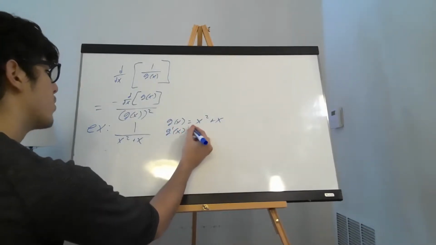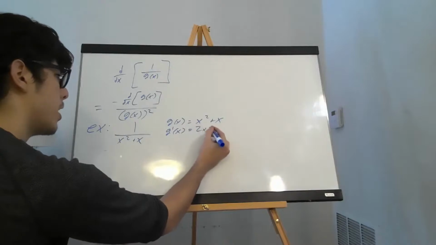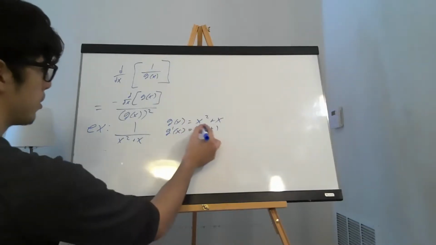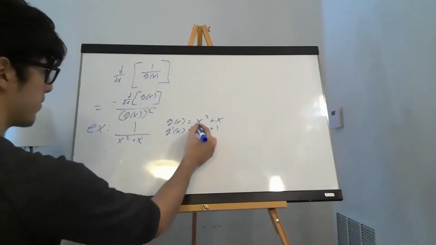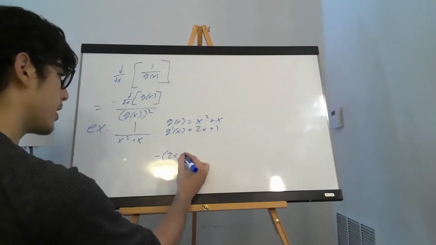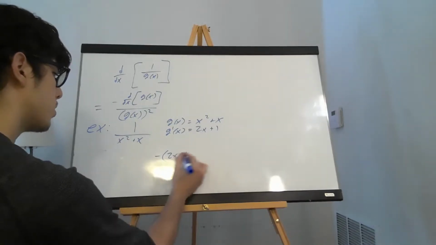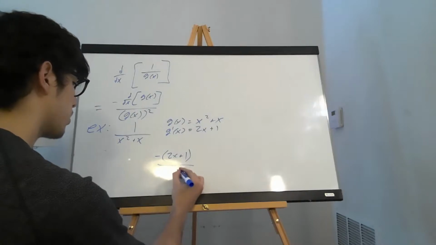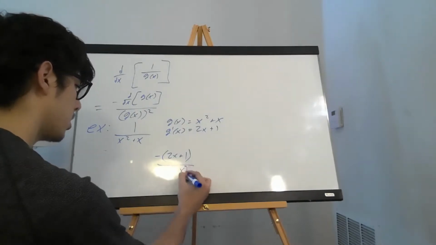So we'll use the power rule here, and we'll get 2x plus 1. Then if we plug this into the formula, we just have to put a negative sign in front of the whole expression, not just the 2x. It's negative 2x plus 1 over x squared plus x, all squared.